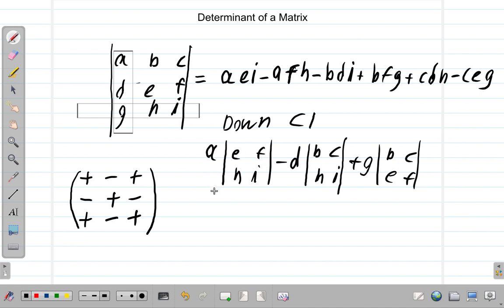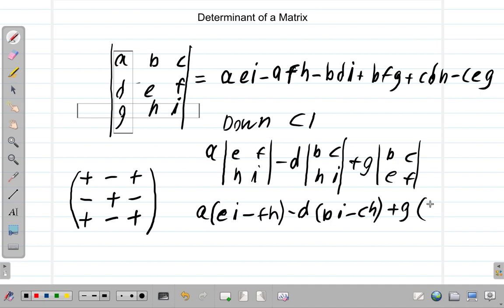All right. Now, here we have A, and the determinant of E, F, H, I is EI minus FH, minus D. We have BI minus CH and plus G. We have BF minus CE.